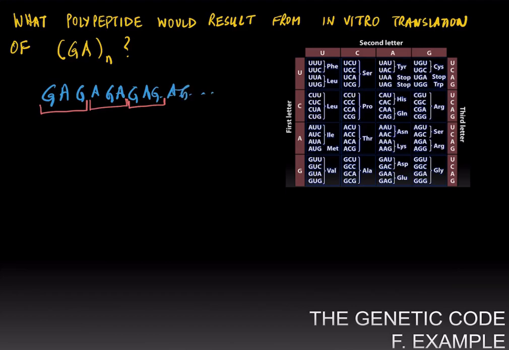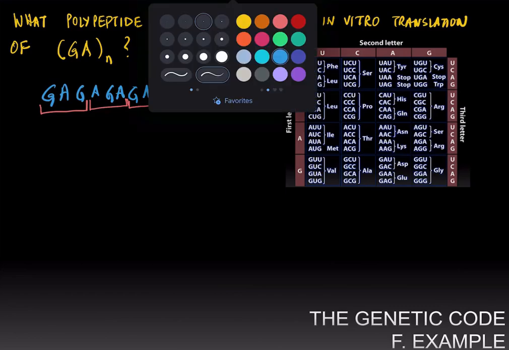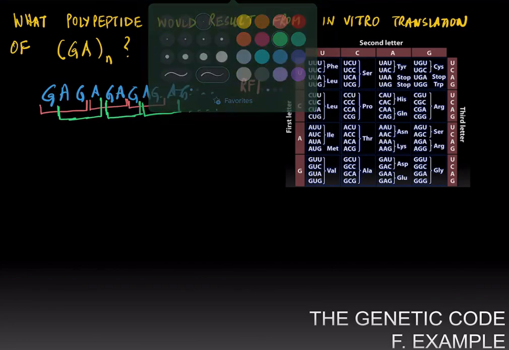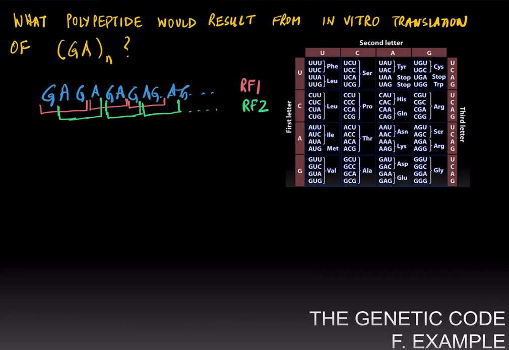And if we look at the second reading frame, it's going to give us AGA, GAG, AGA, and so on. And the third reading frame, and let me just label the reading frames here. So red is reading frame 1, green is reading frame 2, and purple is reading frame 3.